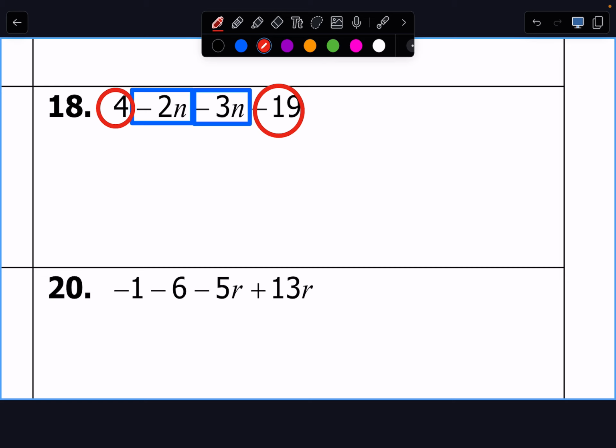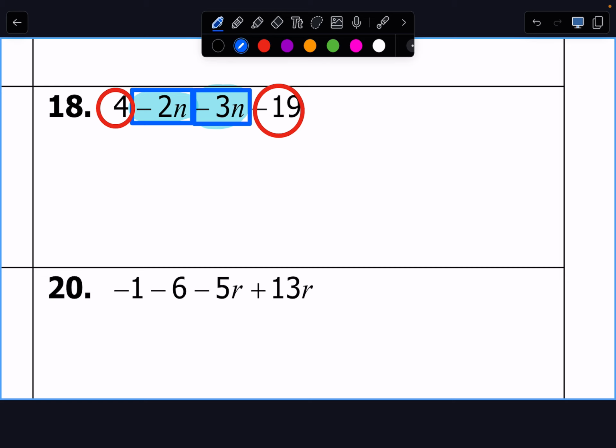Okay. I like to look at my variables first. So what happens when I take minus 2n minus 3n? How many n's do we have? Okay, I heard 3 different answers. Negative 2 plus a negative 3.